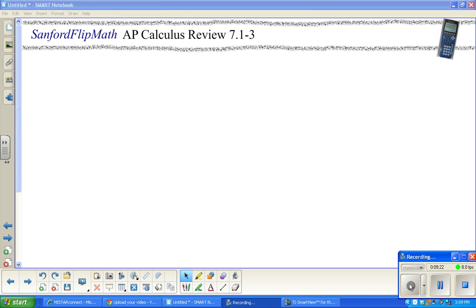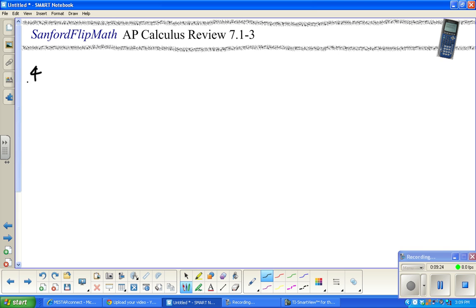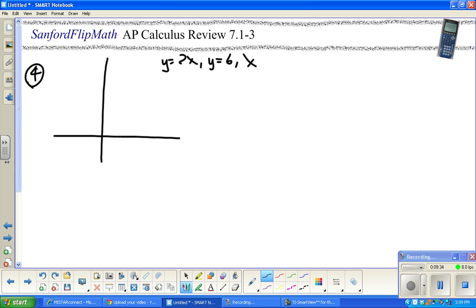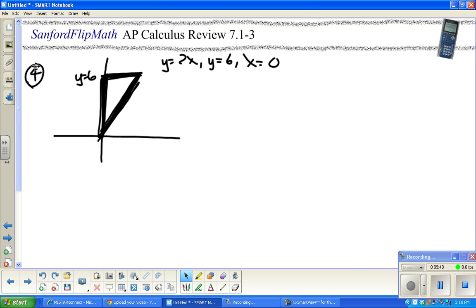All right, just a quick note about number 4, and then we're going to go to number 5. Bounded by y equals 2x, y equals 6, x equals 0. So here's y equals 2x, y equals 6, and then x equals 0 is this. So this is enclosing a specific region, right here.